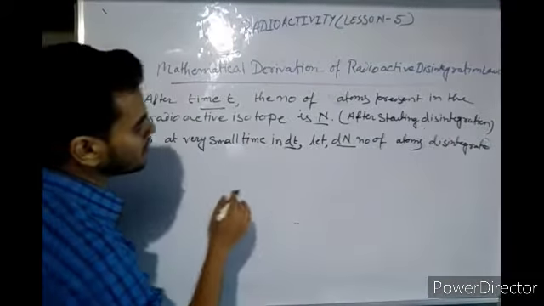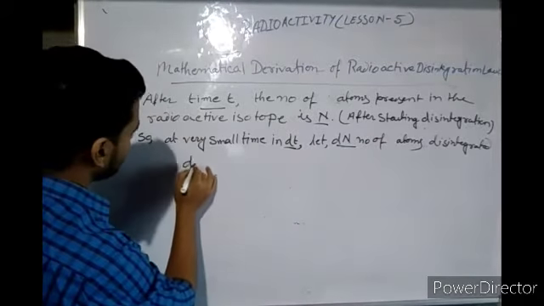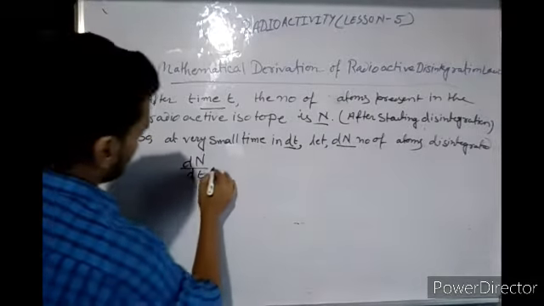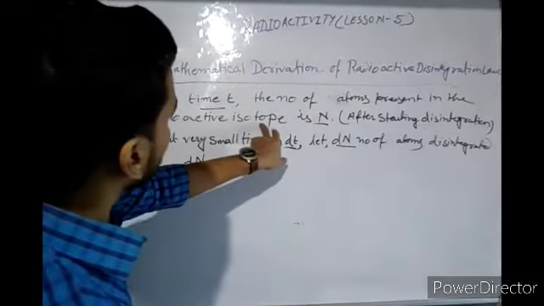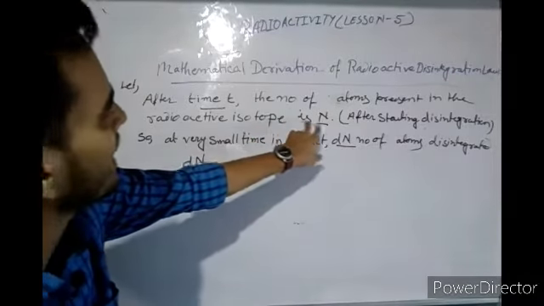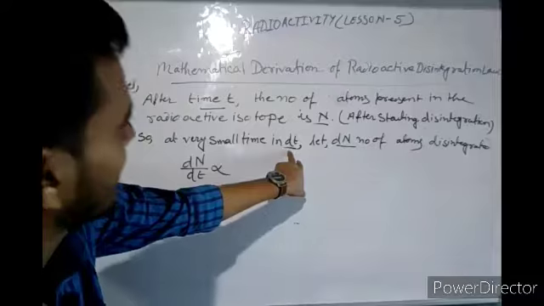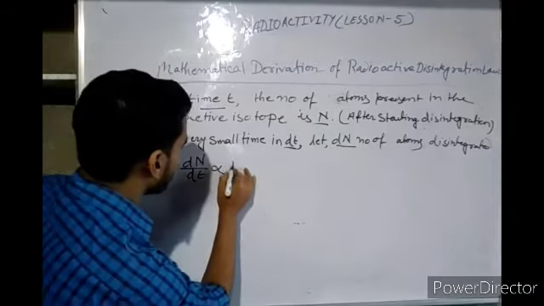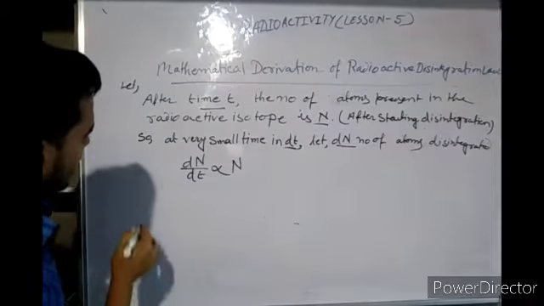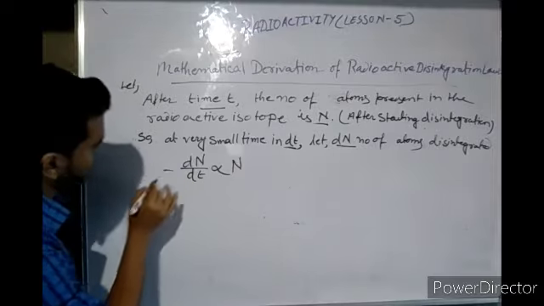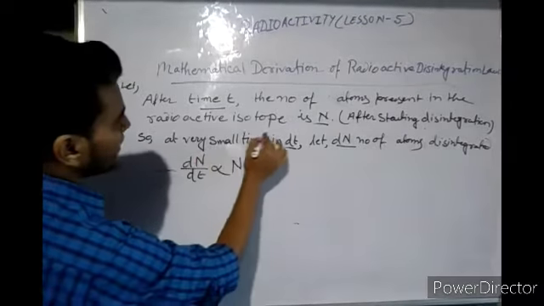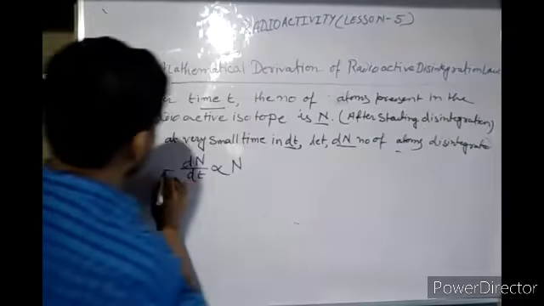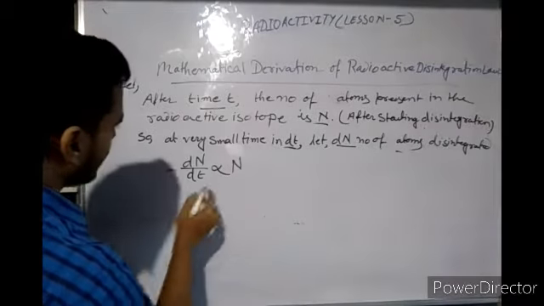So the rate, dN by dt, is directly proportional to the number of radioactive isotopes present at that time, which is N. Here a negative sign is provided because the number of atoms is decreasing as they disintegrate.